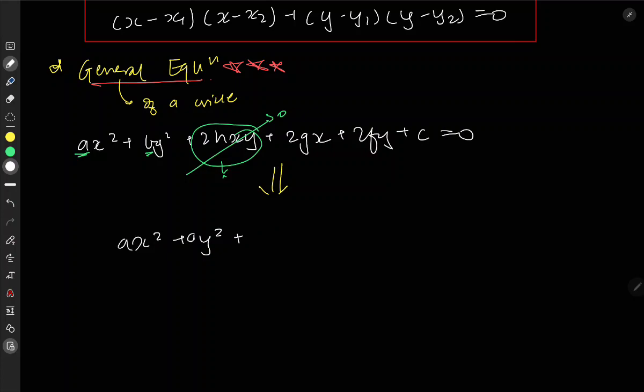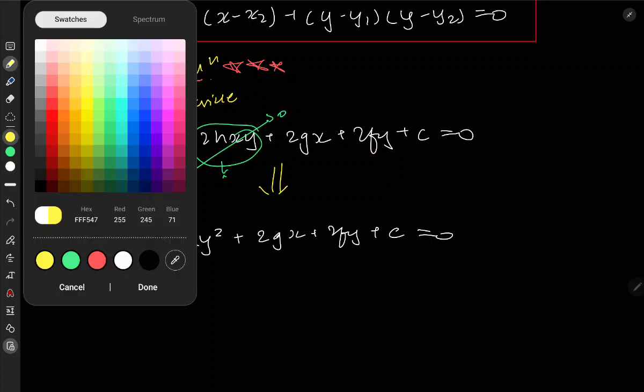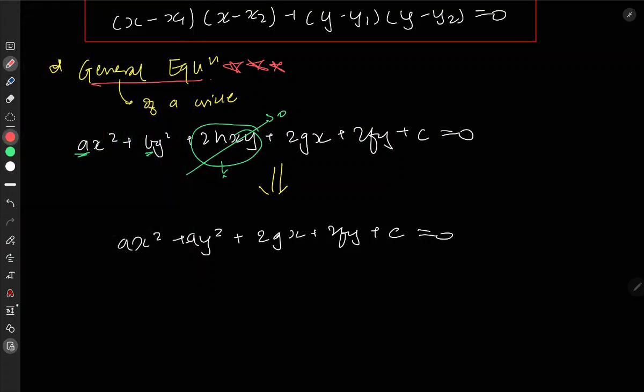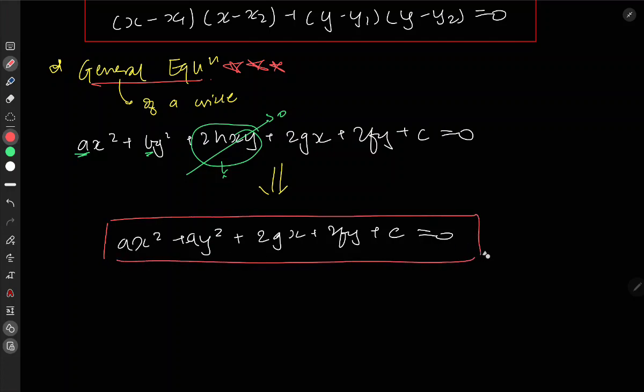I'll write it a bit general, ax square plus ay square plus 2gx plus 2fy plus c equal to 0. And now let me mark it as important, as this is also quite important.